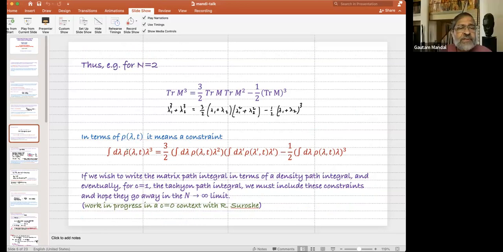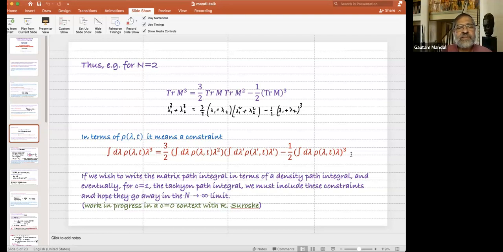Oh yeah. So the thing is that there is a particular map which maps this rho of lambda t to this T of x t. There are some coordinate transformations that you have to do, etc. So you can write this constraint then in terms of the tachyon field. Of course, that does not make sense because the tachyon field, which is defined by the string target space theory, does not have any constraint. So the string theory path integral is an unconstrained path integral in terms of this T of x t. But now you have this constraint.